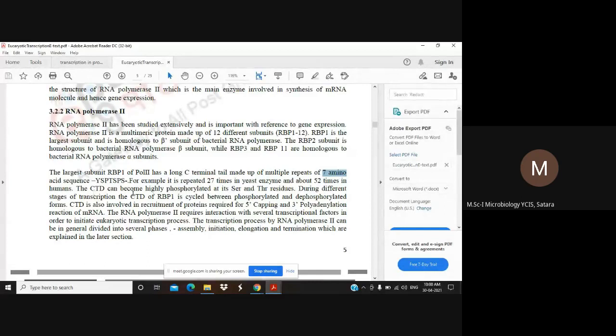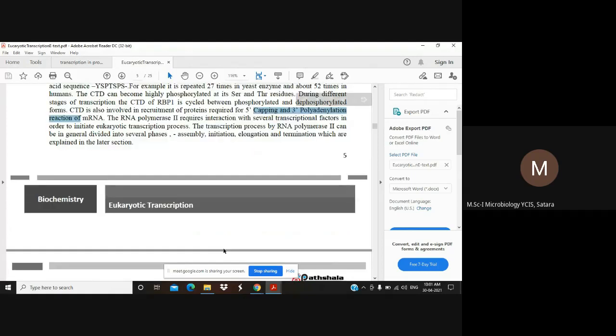So CTD becomes highly phosphorylated at its serine and threonine residues. And this CTD domain, when it is phosphorylated, it has a role in the recruitment of the transcription factors involved in the elongation process, and also in the capping and polyadenylation process, that is the post-transcriptional modification process.